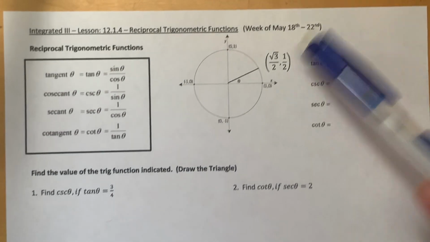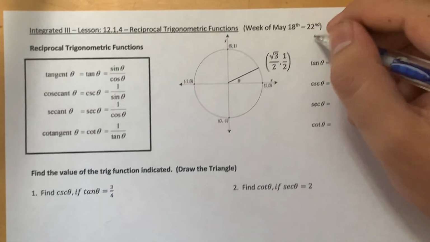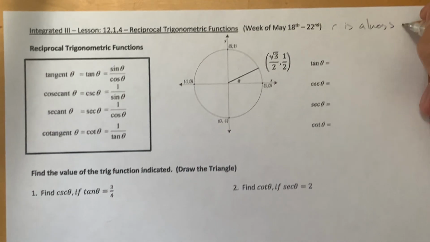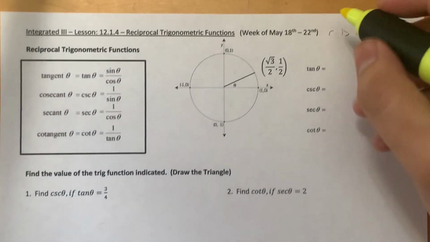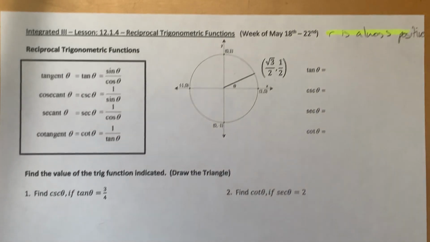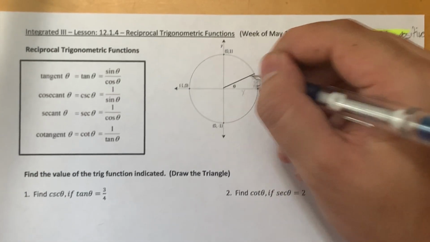So, we're gonna bring back r, the radius. For this part, remember, r is always positive. No negative radius. All right, we have x, y, and r, right?